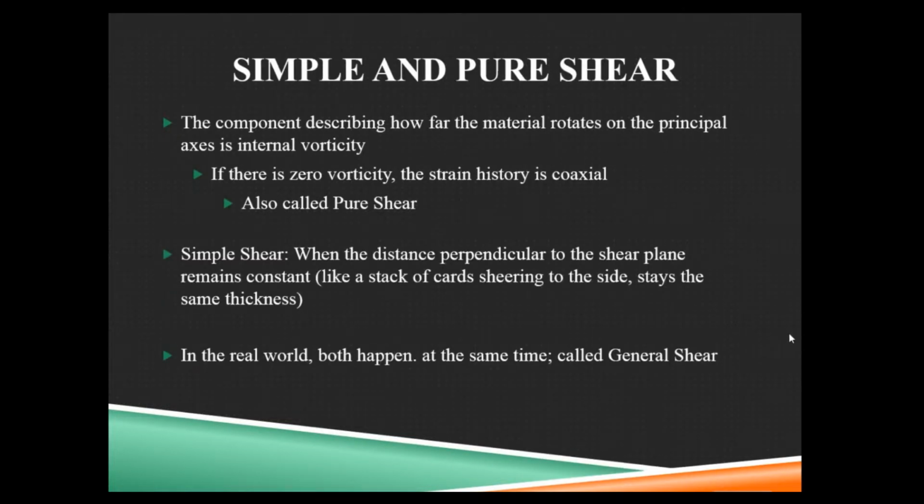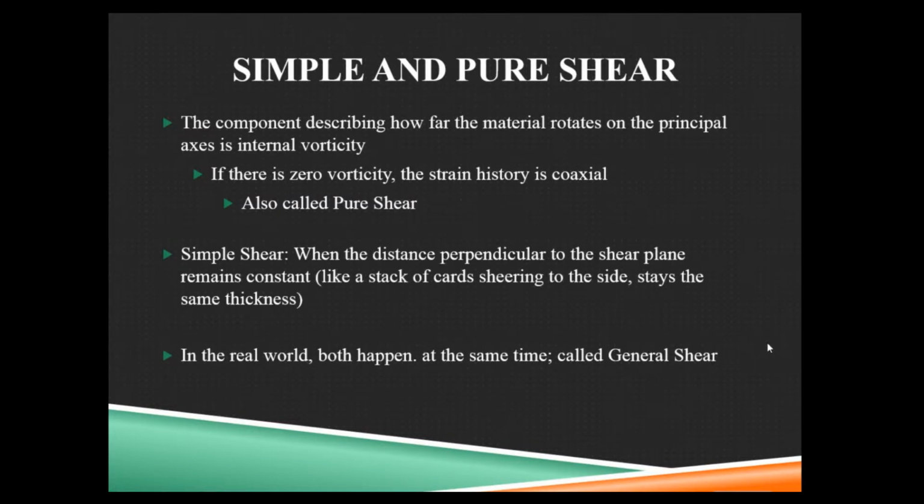Simple shear and pure shear. Two kinds of shear strain that happen, and if there is zero vorticity, no rotation of the strain axes, the strain history is coaxial, and we can have pure shear.